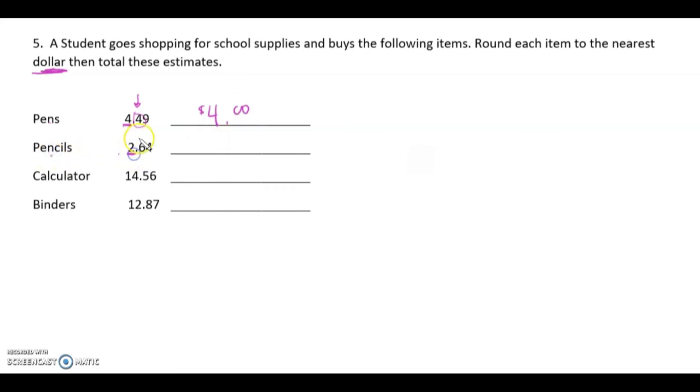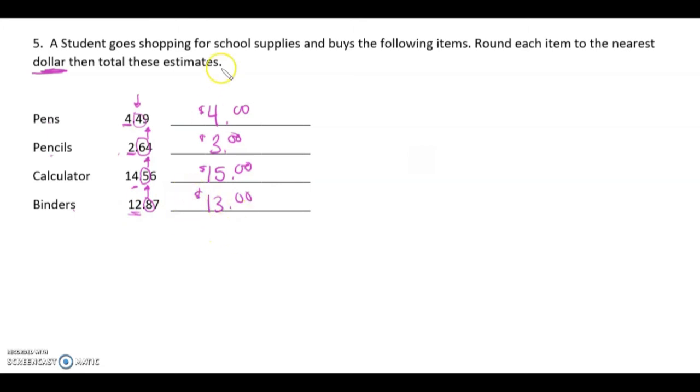So round to the nearest dollar, we're going to round up to $3. Okay, calculator, $14.56. This 5 is going to tell us to round the 14 up. It's going to round up to 15. Okay, binders are $12.87. This 8 is going to round up. So that 12 is going to change to 13.